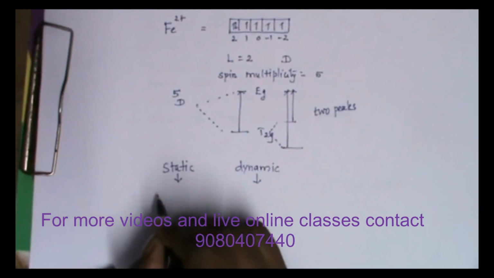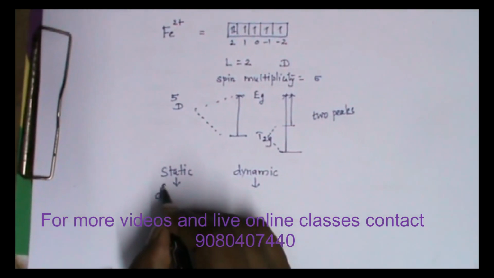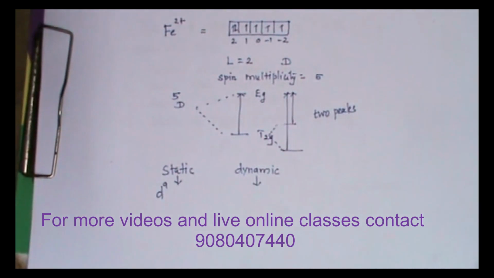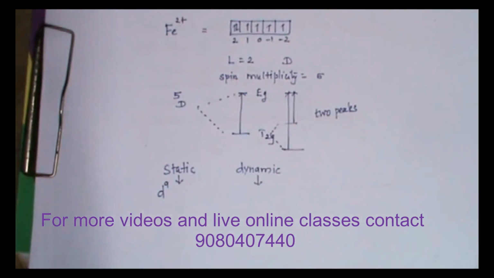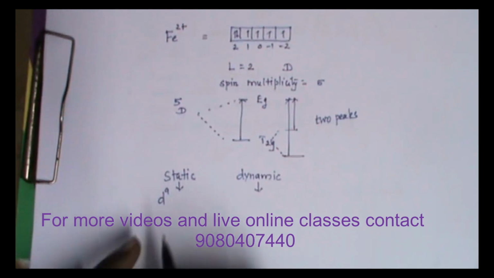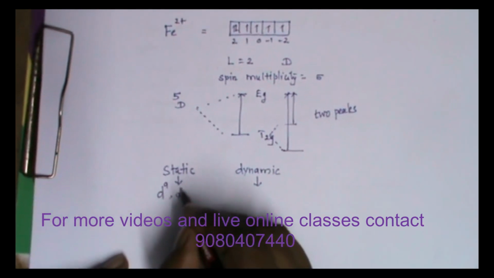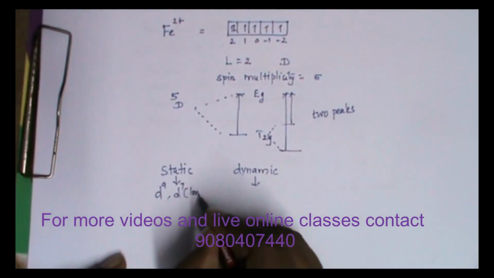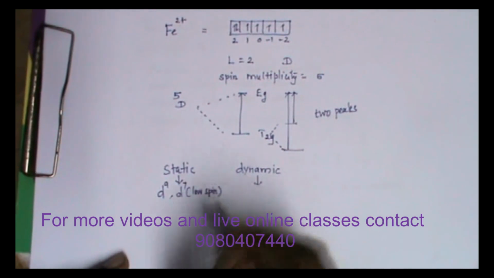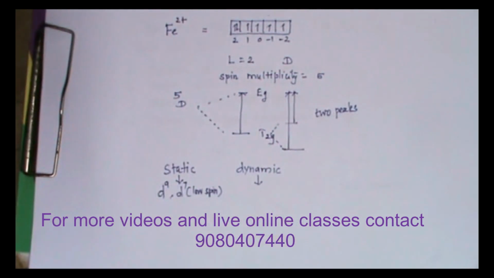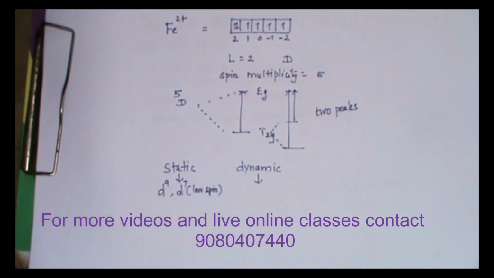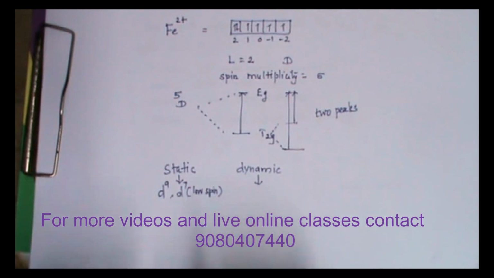Static Jahn Teller distortion is generally exhibited by d9 systems. When the eg orbitals are unsymmetrically filled, that time we get this. So for a d9 system, we get this. And even when you go for d7 low spin complex, for that system also we can expect static Jahn Teller distortion. When t2g orbitals are unsymmetrically filled, we get dynamic Jahn Teller distortion.